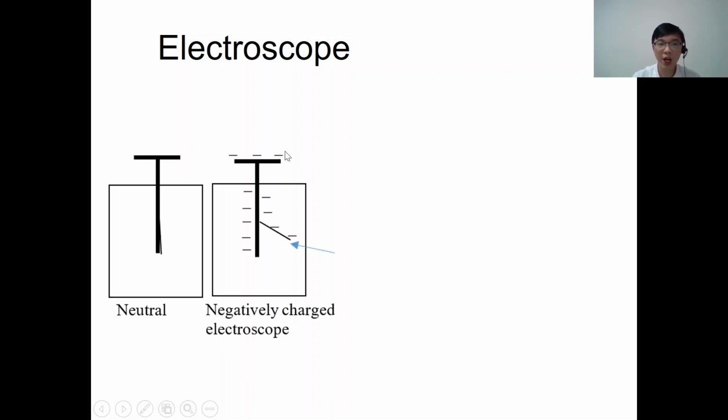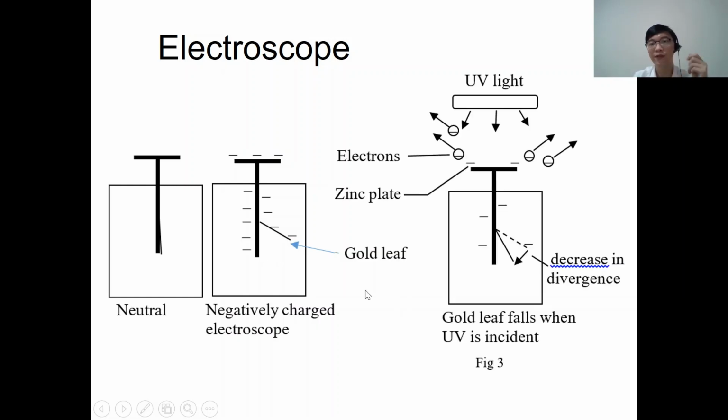When it is charged negative, because of the repulsion, it's basically like a lever, hinged at this point. So when it's charged, this branch will lift up like this, due to the repulsion force between the main stem and the thin gold film. It's a thin gold leaf.